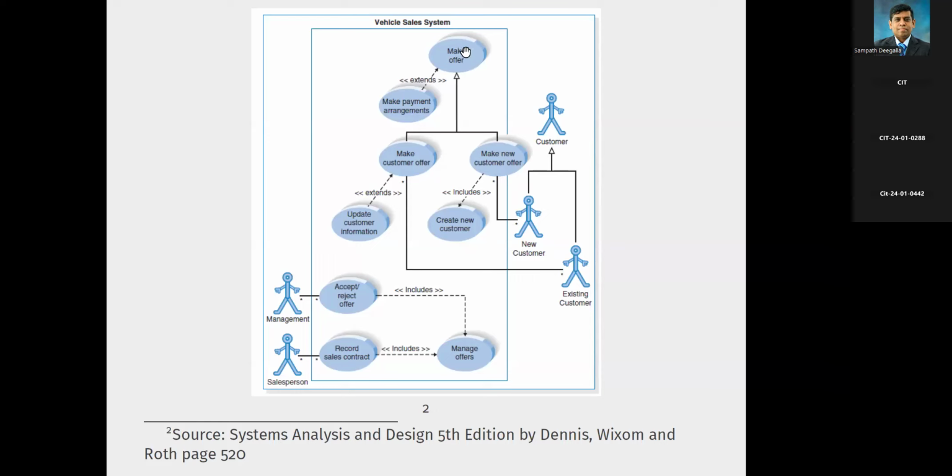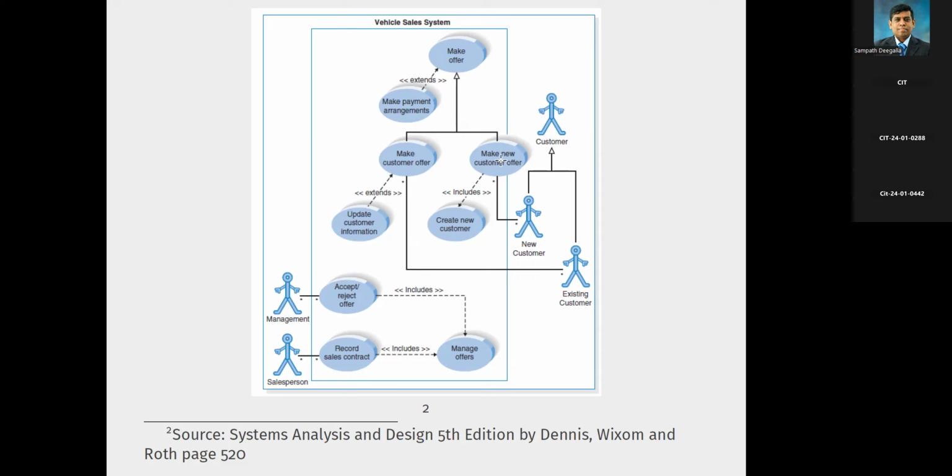You can see it's kind of an "is a" relationship that we have discussed early, right? Similar to the notation, new customer is a customer, existing customer is a customer. Make a custom offer is a make offer, and make a new customer is a customer. So you will notice that it's with more information.